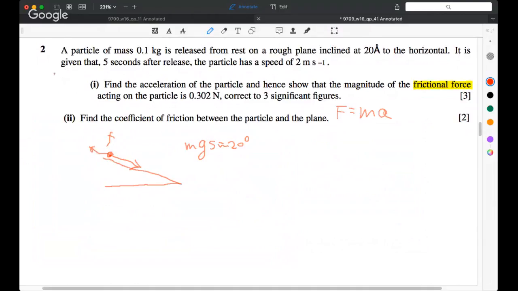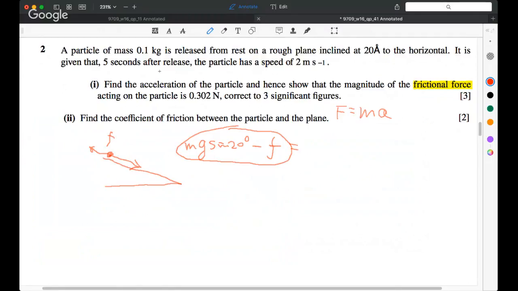So in this direction, the resultant force is that minus F, and that will equal to... Let's look back to the second law here. What would this be equal to? What's the mass of the particle?